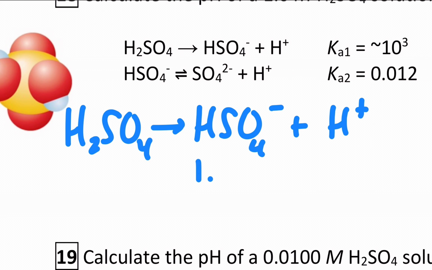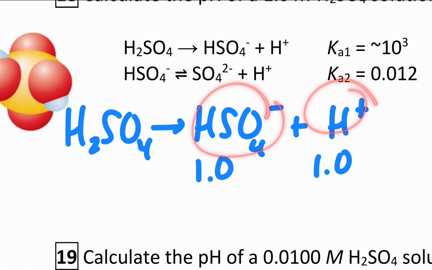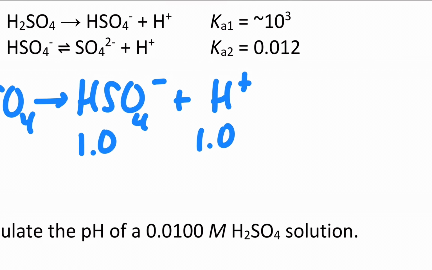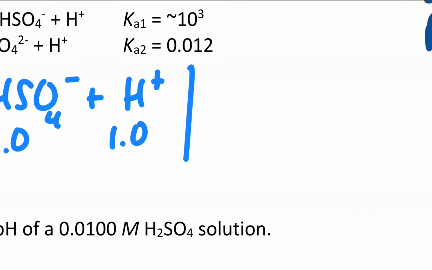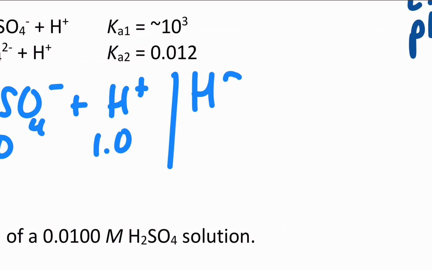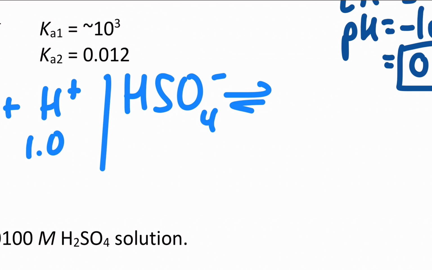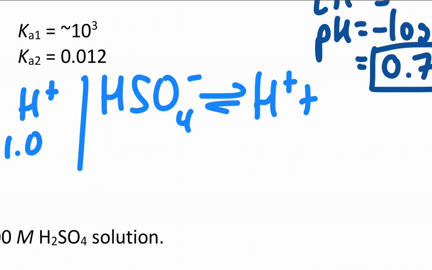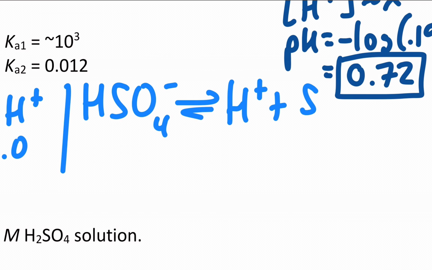So we actually have 1 molar of the hydrogen sulfate and the hydrogen ion. This is such a big K value, it goes to completion. That means all I really have to look at is the second one. Hydrogen sulfate dissociates into an H plus and a sulfate ion.